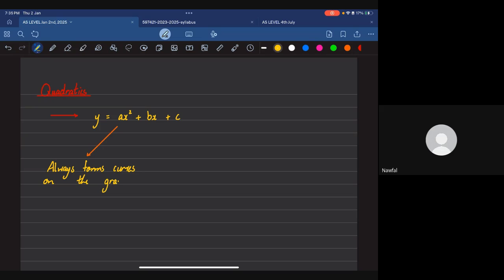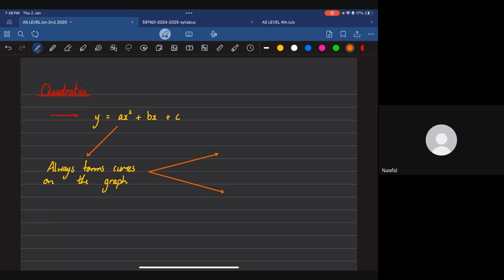Now, how do we determine what sort of curve it's going to form? There could be millions and millions of curves. How do we determine that? Usually in your syllabus, it's going to form two types of curves. Using the above given general form of the equation, we're going to experience two types of curves.